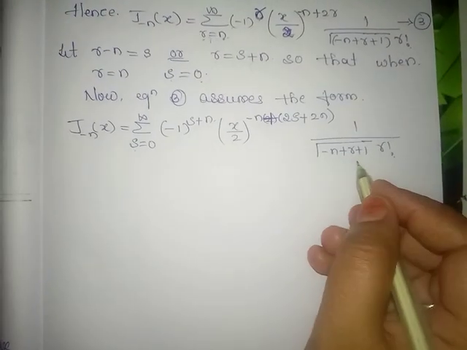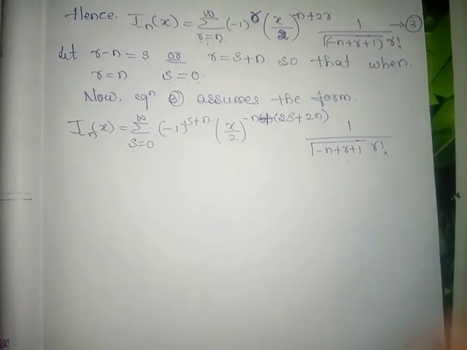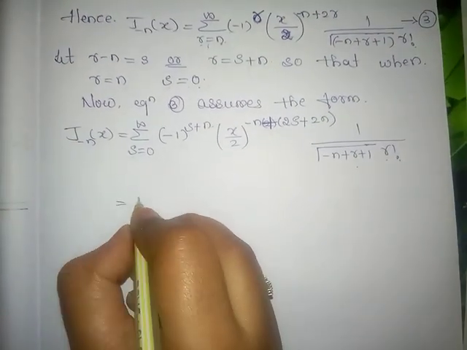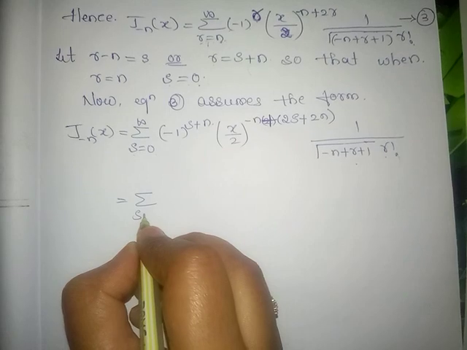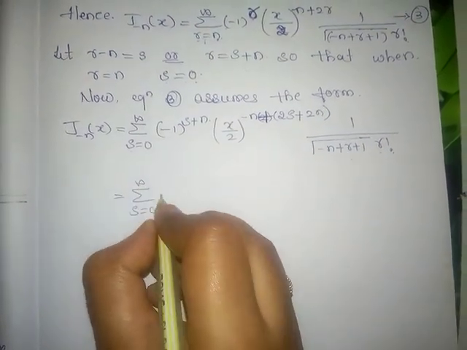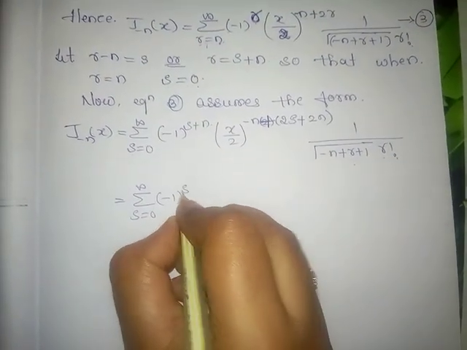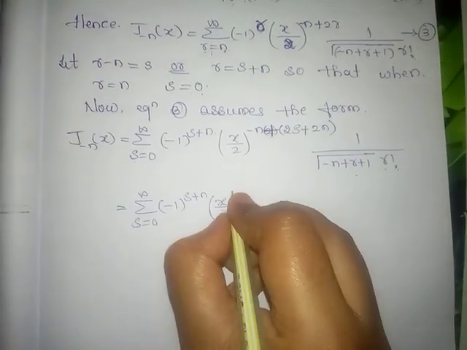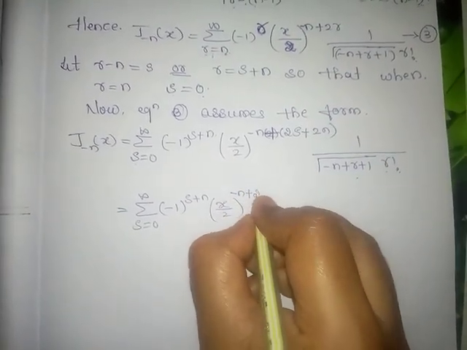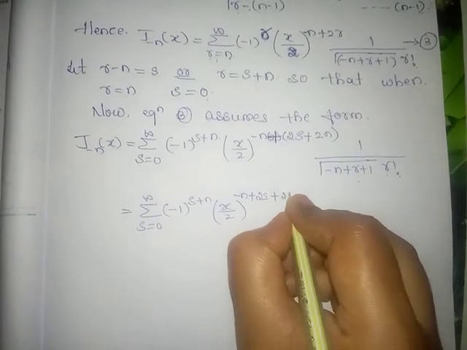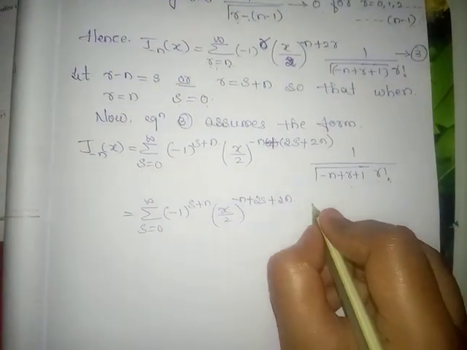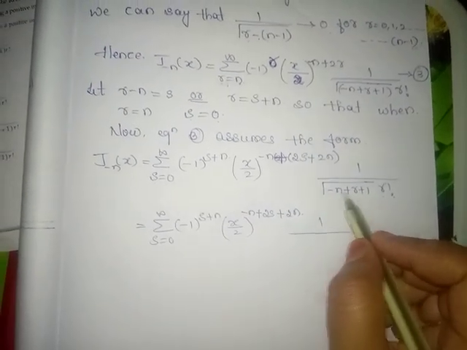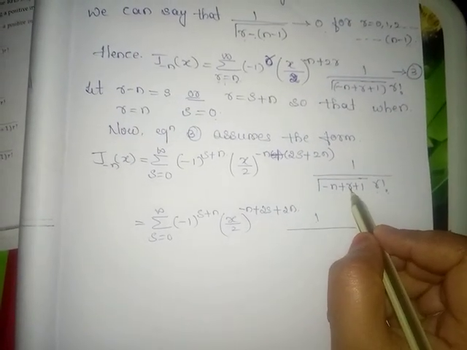I will rewrite this equation because here also we have to apply the value of r. Summation s running from 0 to infinity, minus 1 raised to s plus n, x by 2 raised to minus n plus 2s plus 2n, 1 divided by gamma of, see, here minus n plus r is what?